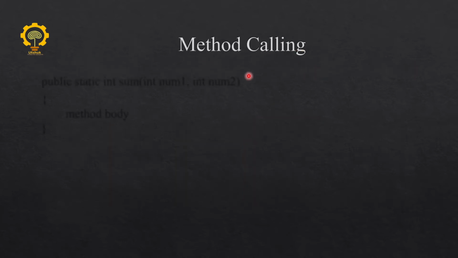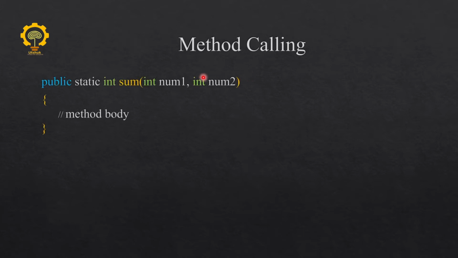Now, calling the method. After the declaration of the method, in order to execute the body of the method, we have to call it like this. We have declared the method here. Its name is sum, the return type is int, and it takes 2 parameters. If we want to execute this method, we need to call it by its name.